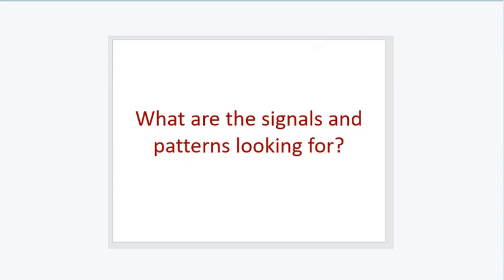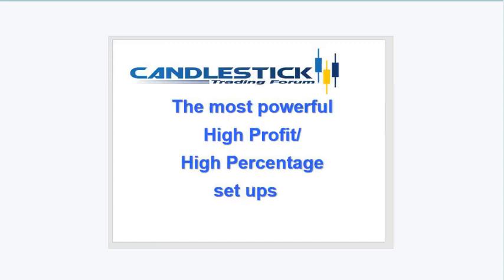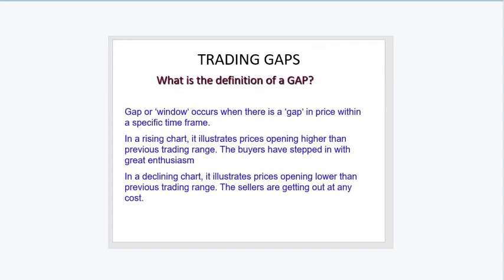So, rhetorical question, what are the signals and patterns looking for? We're looking for the most powerful, high profit, high percentage setups. Trading gaps, which is what the Japanese rice traders call a window, illustrates where there's excessive investor sentiment, either in a bullish direction or a bearish direction.